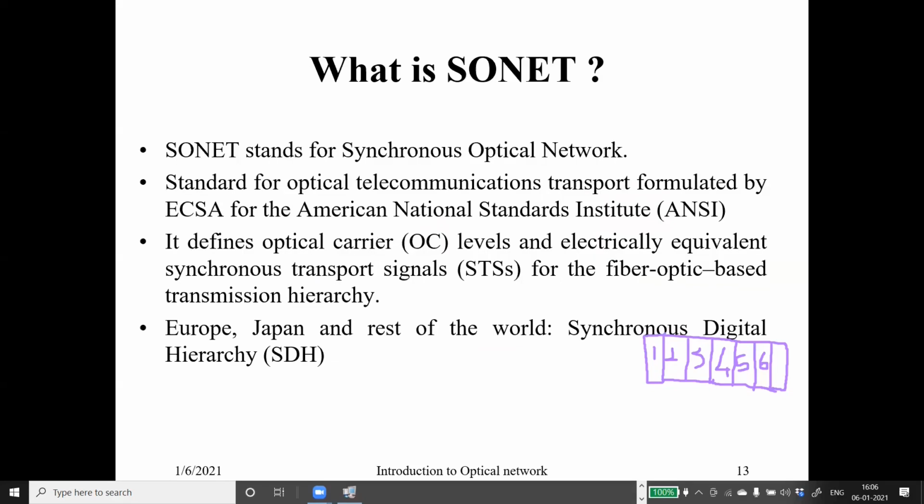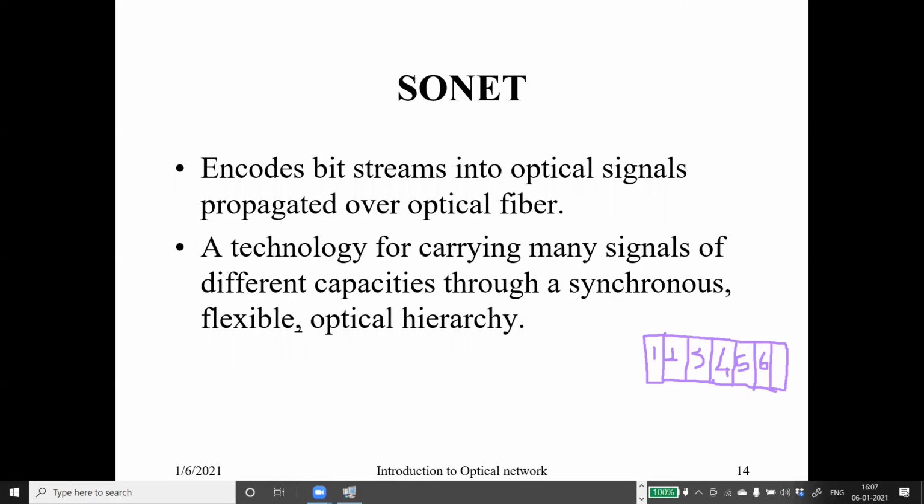So Sonnet, as I told you, was better than the existing system because of the larger bandwidth, the flexibility, multiplexing, and ability to handle the previous generation, that is a smaller data rate, as well as the larger data rate rather than from the base rate was possible.